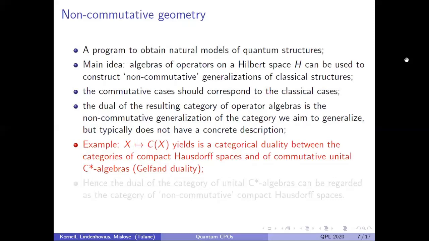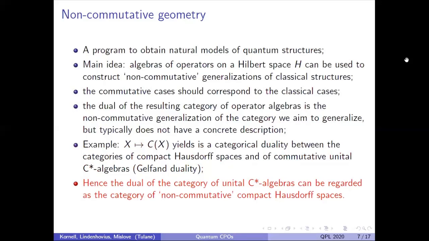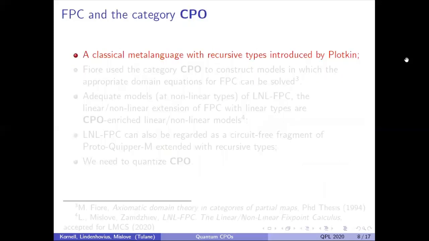And as a result of Gelfand duality, we can consider the dual of the category of all unital C-star algebras as the category of non-commutative compact Hausdorff spaces. But until now, nobody knows how to give a concrete description of this dual.